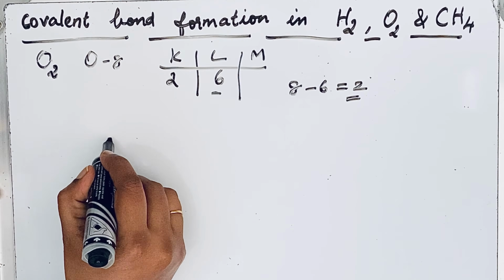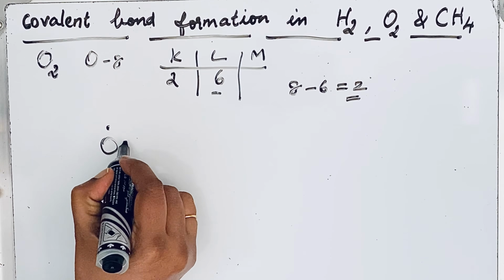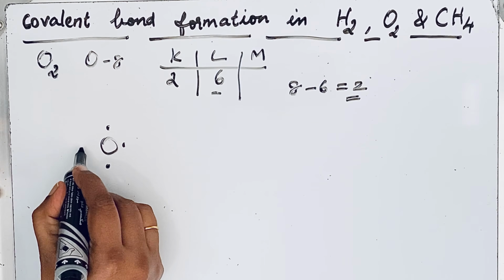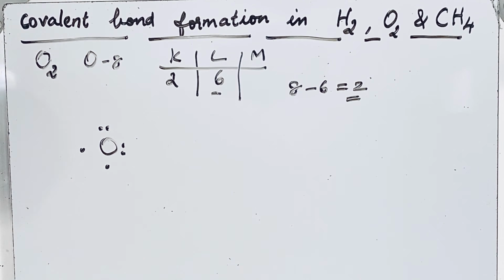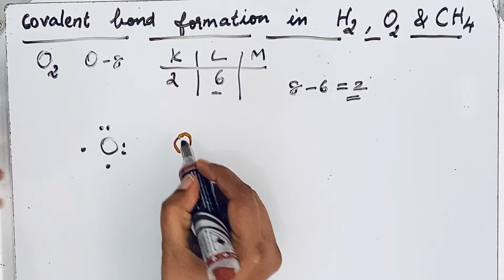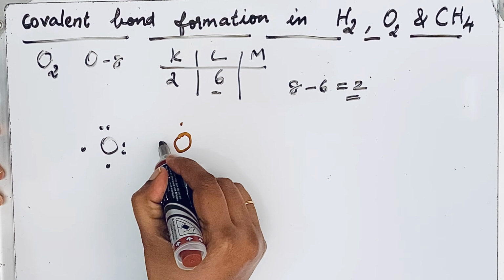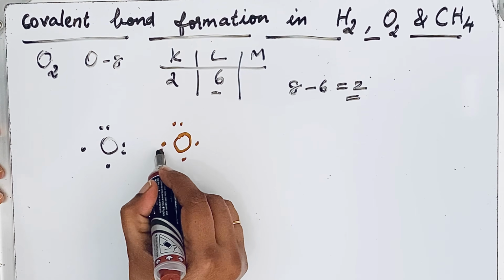Those 2 electrons, it will get from the other oxygen atom. So let us draw for oxygen, 6 valence electrons: 1, 2, 3, 4, 5, then 6. The same way for the other oxygen atom also: 1, 2, 3, 4, 5, then 6.